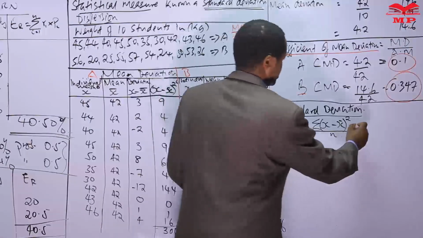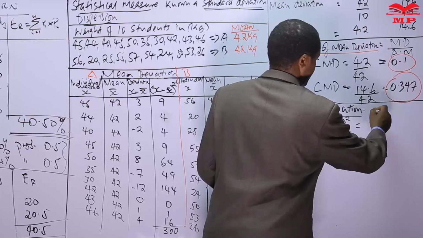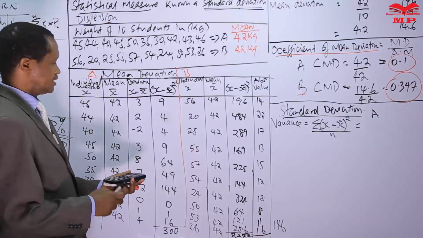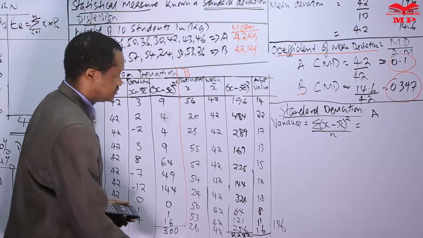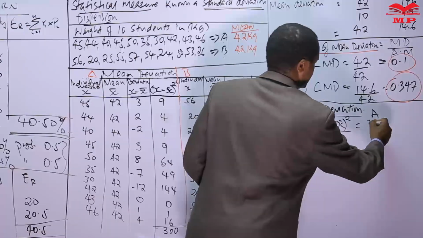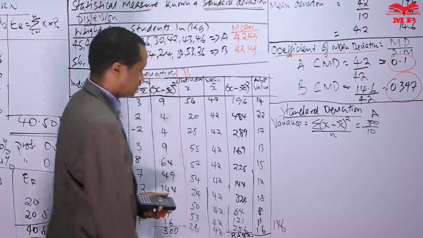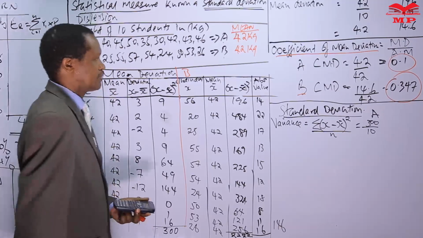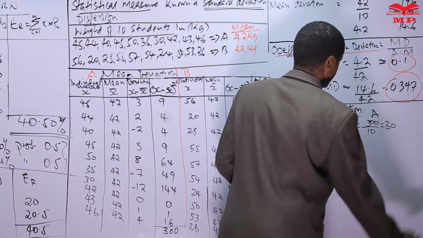So for class A, the variance is 300 divided by 10, which is equal to 30.